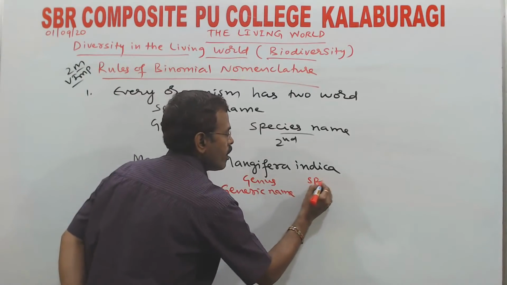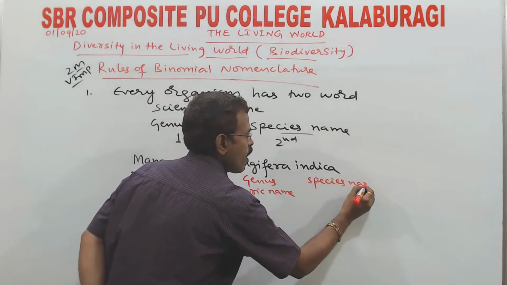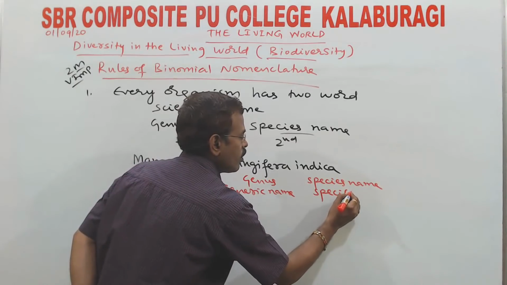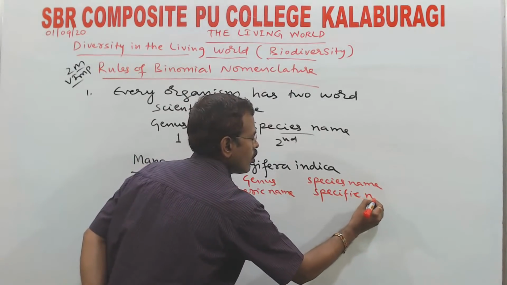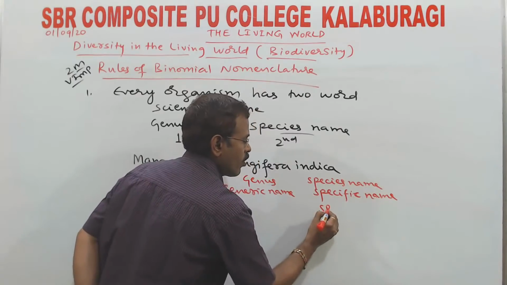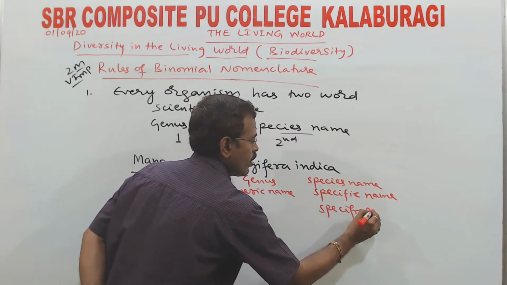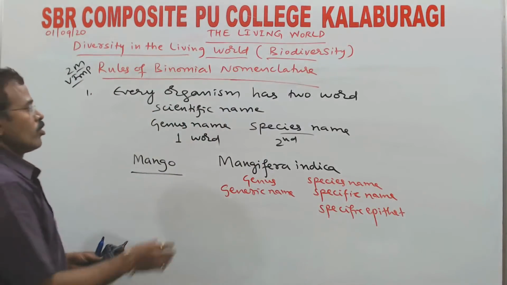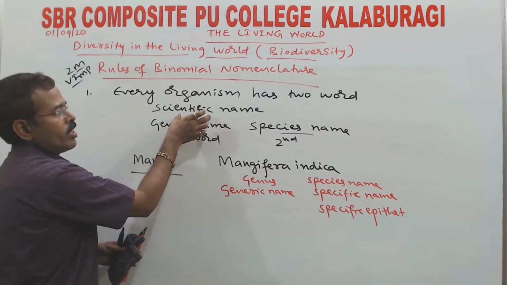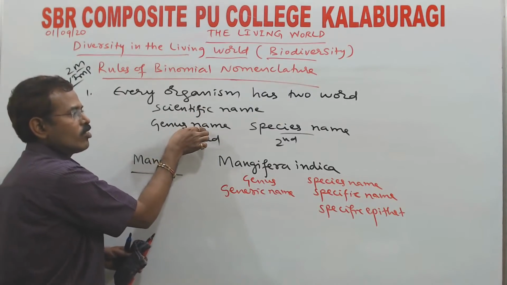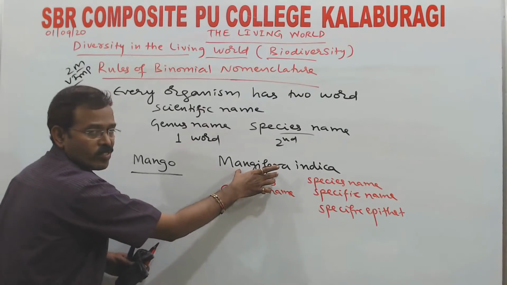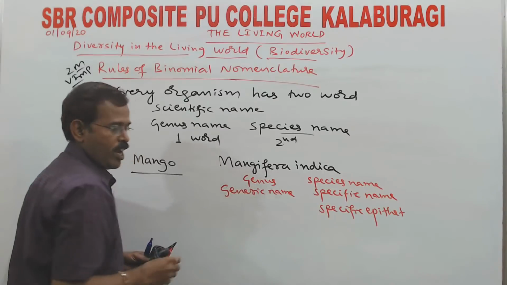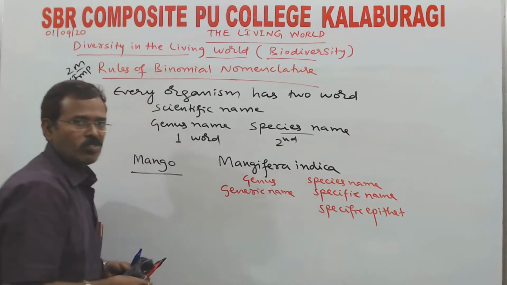The second word is the species name, or specific name, also referred to as the specific epithet. So every organism has a two-word scientific name: first the genus name, and second the species name.